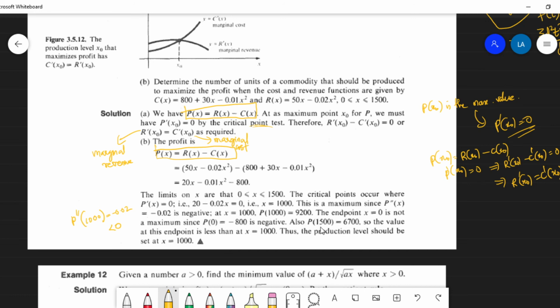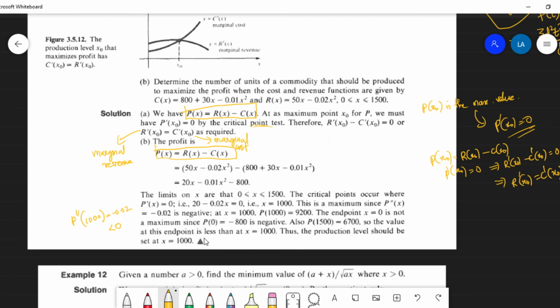And then you have P of 1500, you calculate it. When you calculate it, that is equal to 6700, and that value is also less than 9200. Production at 1000 is greater than production at 0 and production at 1500. So 0 and 1500 cannot become maximum points.